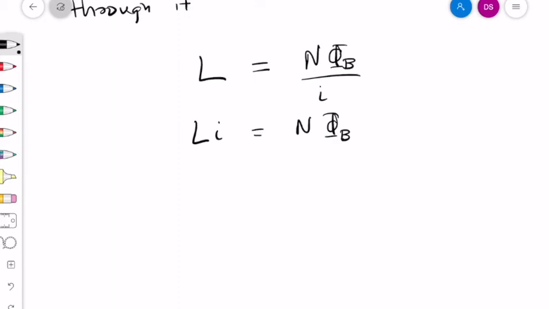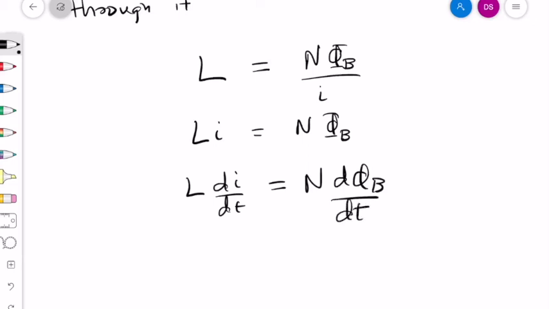So d/dt of L i would just be L times di/dt, because L is a constant. And that would be equal to, N is also a constant for a solenoid, so it's N times d phi B/dt. Now, does d phi B/dt ring a bell? It should. It's just Faraday's law. It's just the flux rule. And it's just the induced EMF, right, from the previous chapter.